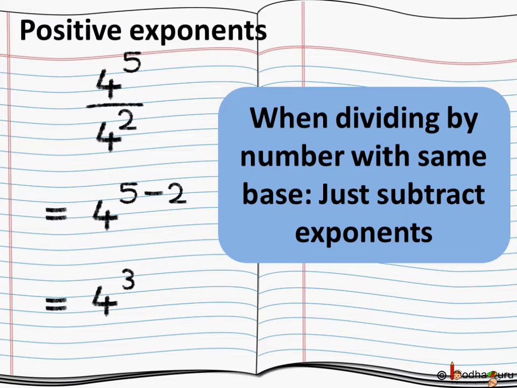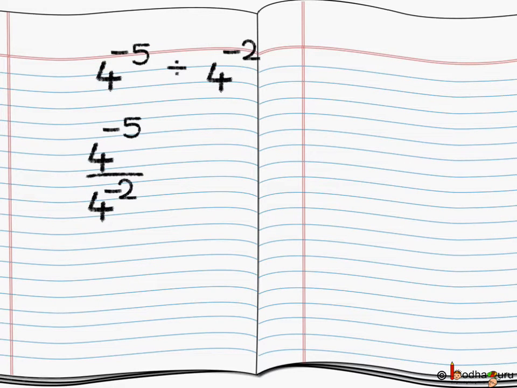Now let us see what happens when we have negative exponents. Here we have 4 to the power minus 5 divided by 4 to the power minus 2. What can be done in this case?